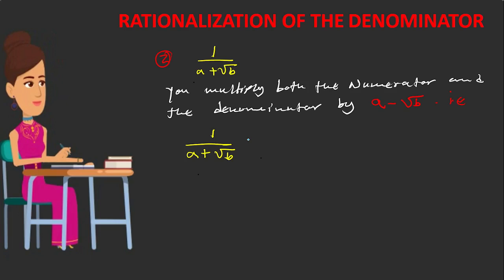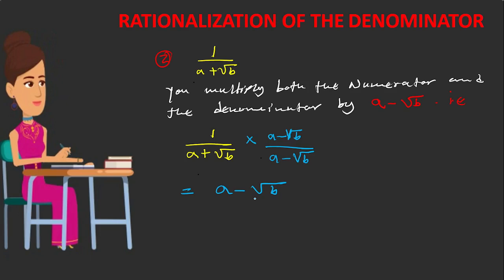So this has been multiplied by both the numerator and the denominator. When you do that, 1 times that is simply a minus c square root b.